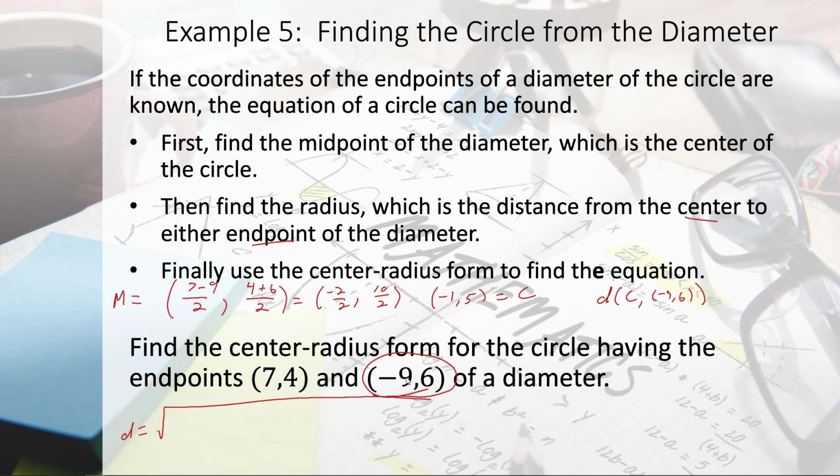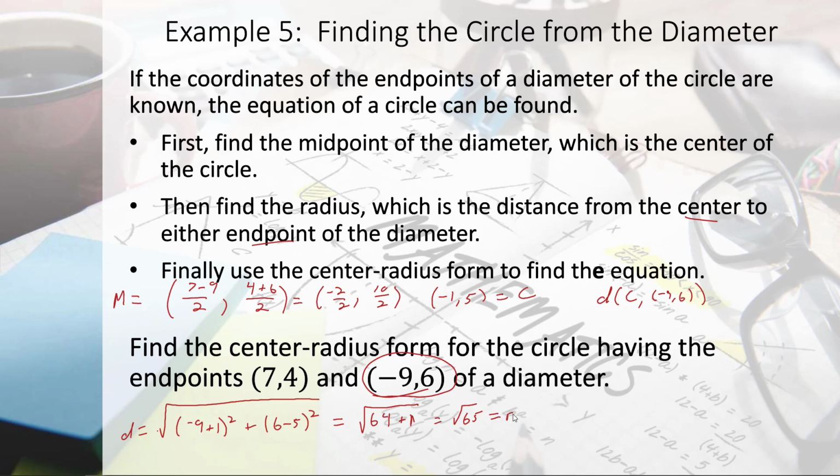So we are going to have (-9 + 1) squared plus (6 - 5) squared. Well, -9 plus 1 is -8, squared is 64. 6 minus 5 is 1, squared is 1. So we are going to have the square root of 64 plus 1, which will be equal to the square root of 65.